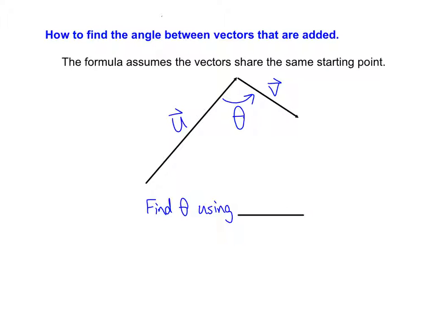I would be finding the angle as though I drew vector v from there. The angle I would be getting would be the supplement to the angle between these when they're added. So notice the direction of these vectors.